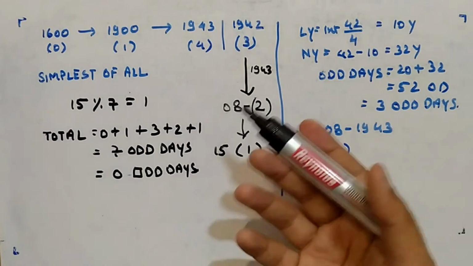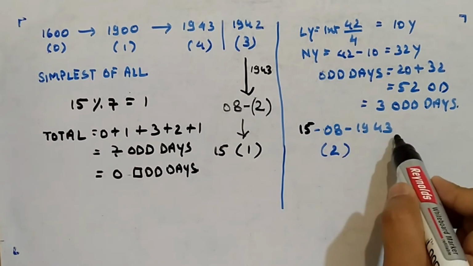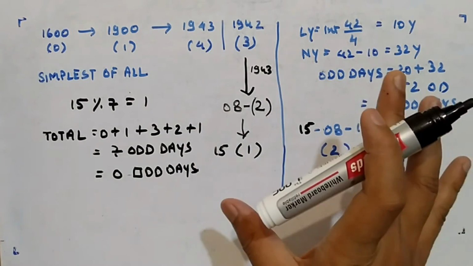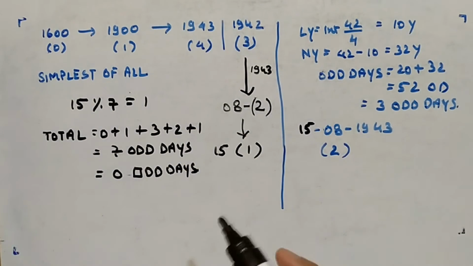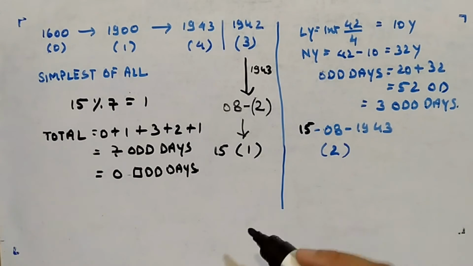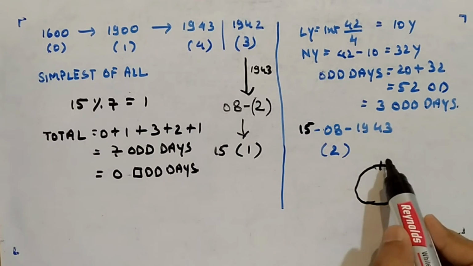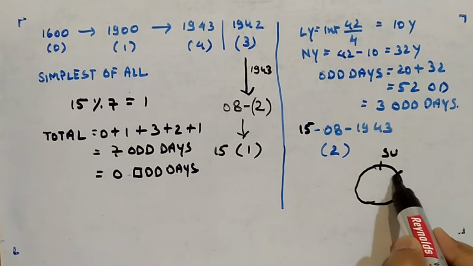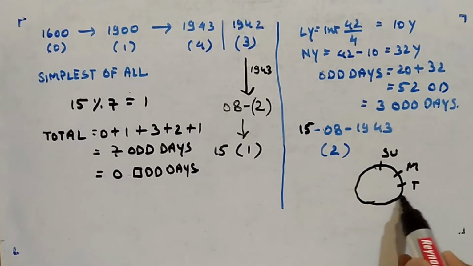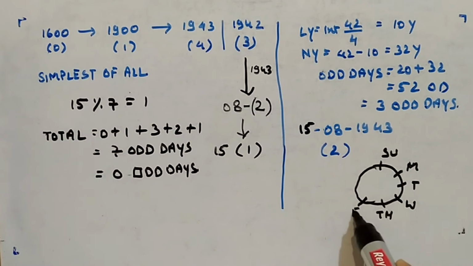Now how do you find the day for this 0 odd day? For 15th August 1943, the total odd days you are getting is 0. One thing you have to remember is which day corresponds to which odd day. This is a figure you have to remember: Sunday, Monday, Tuesday, Wednesday, Thursday, Friday, Saturday.